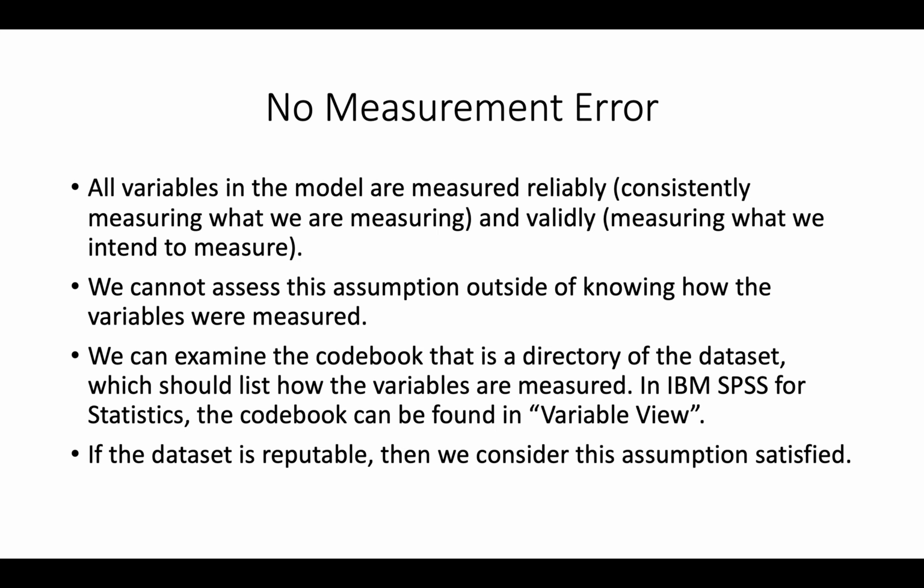So we do not look at the regression analysis itself, but rather at the coding or the code book to see if there are coding inconsistencies in the notes. In IBM SPSS Statistics, we can find the code book in the variable view mode once we have our data set open. For now, we can assume that if a data set is reputable and used frequently in the social sciences, then we can consider this assumption to be satisfied.